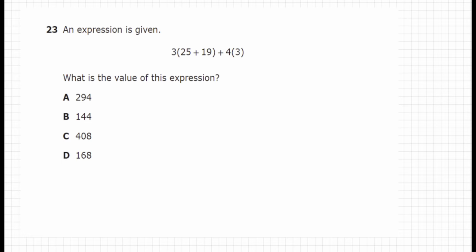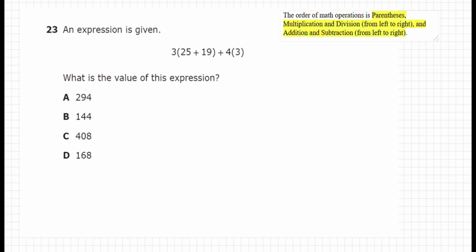Question number 23. To determine the value of this expression, we have to follow the order of math operations for this particular expression, which is parentheses first, then multiplication or division, from left to right. Last is addition and subtraction, also from left to right. So, 25 plus 19 equals 44. Then 4 times 3 equals 12.